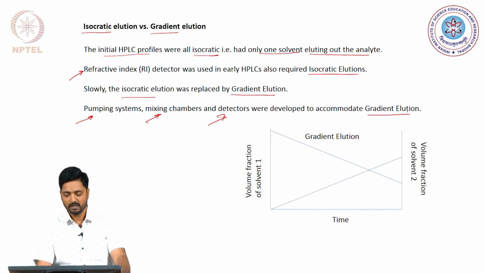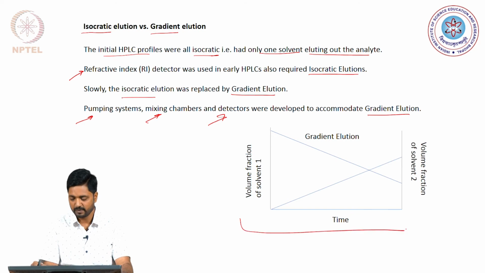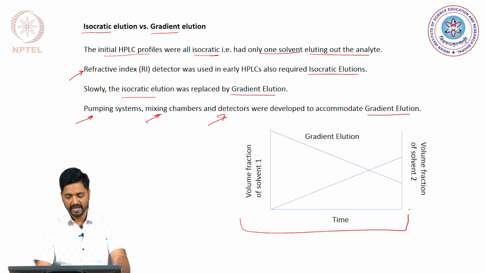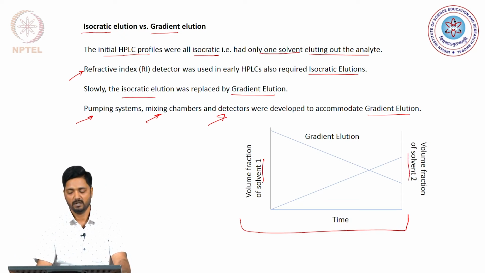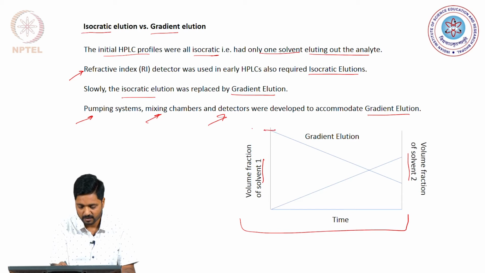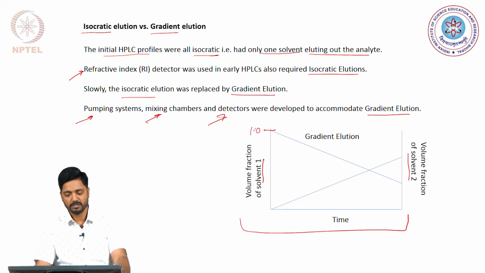So, here in this profile I have shown you what the gradient elution would look like for two solvents, solvent 1 and solvent 2, that are mixed before injecting into the chromatographic system. At the beginning we have the volume fraction of 1 for solvent 1.